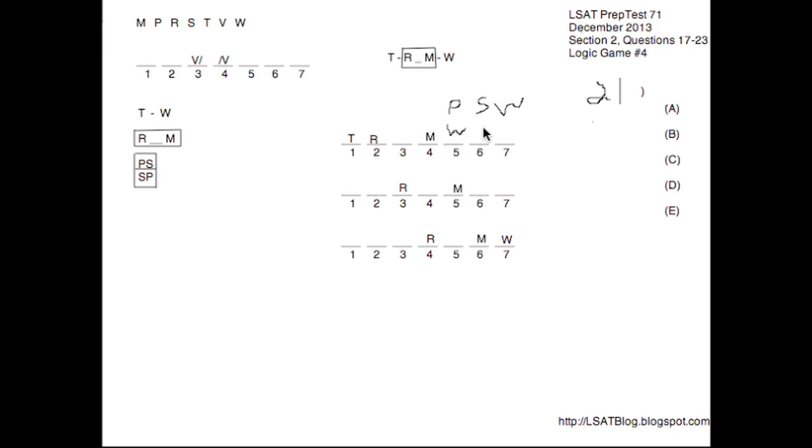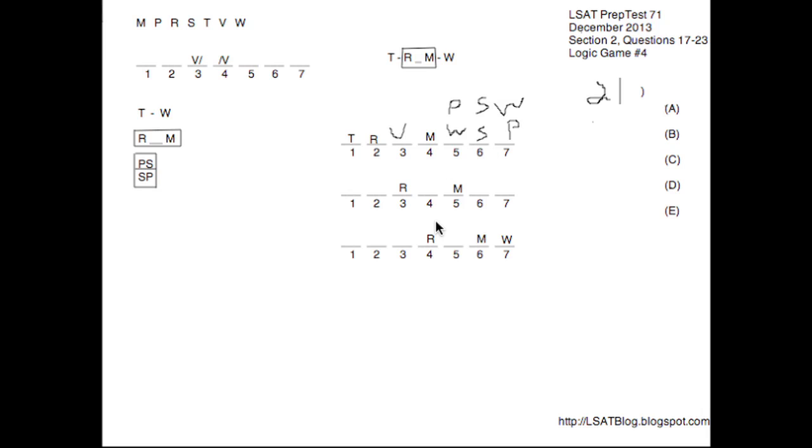So this is one possibility, and then we would have the remaining variable V going on 3. So this is just one possibility. Of course, you can fill in for yourself the S and P switching around on 5 and 6 in the top and 6 and 7 on the bottom within this top diagram.